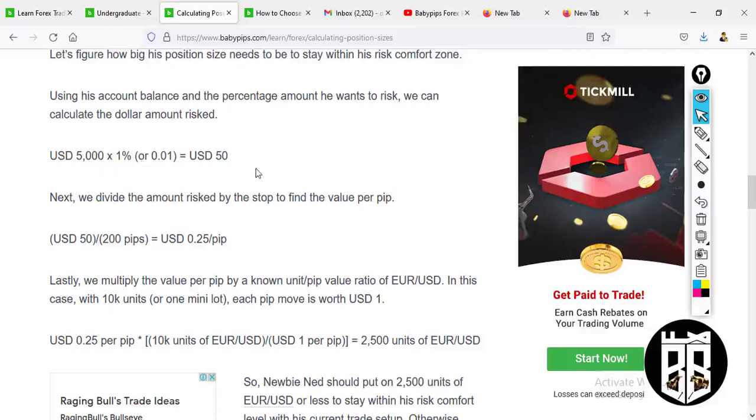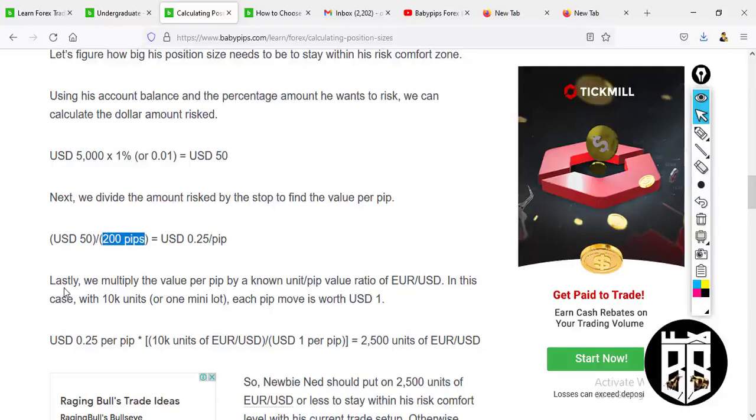So 1% is $50. Now what would be the pip value of $50 at 200 pips? That's going to give you $50 divided by 200 pips, which equals $0.25. That's 25 cents per pip.